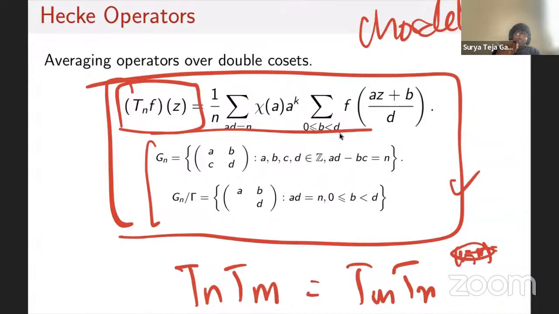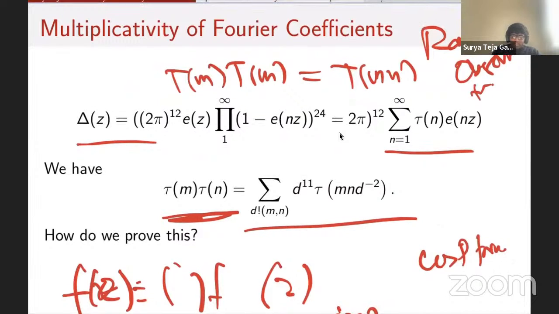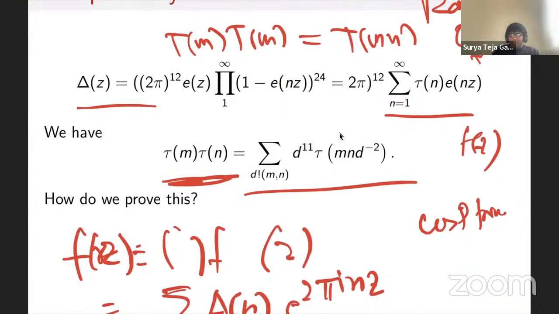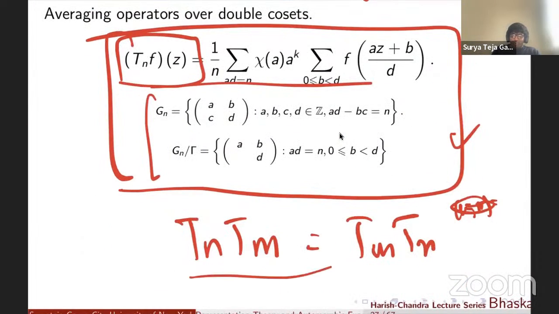So from these extra operators that we found, if you have this f of z and use the fact that this space is one-dimensional, then f of z has to be an eigenfunction for all these operators.